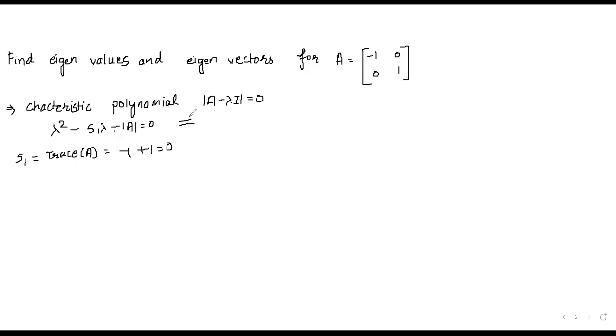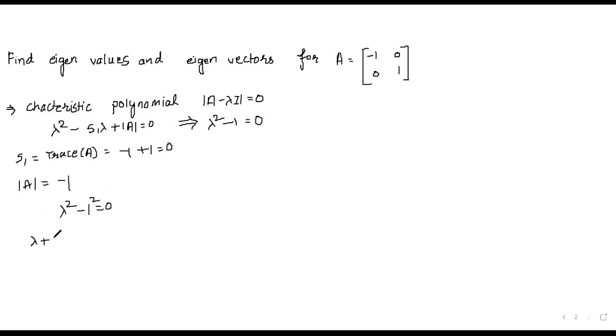And the determinant of A is minus 1. So what we'll get is lambda square minus 1 equal to 0.